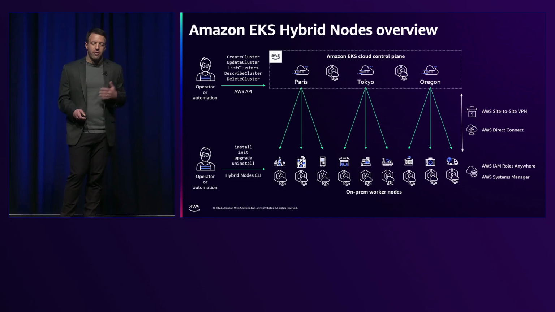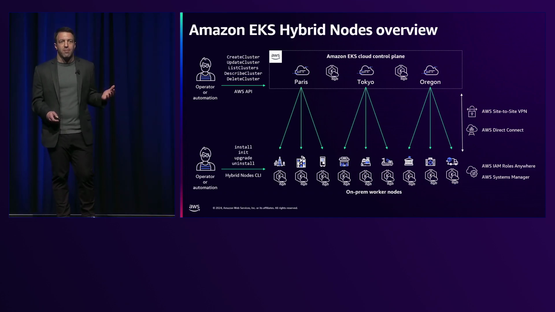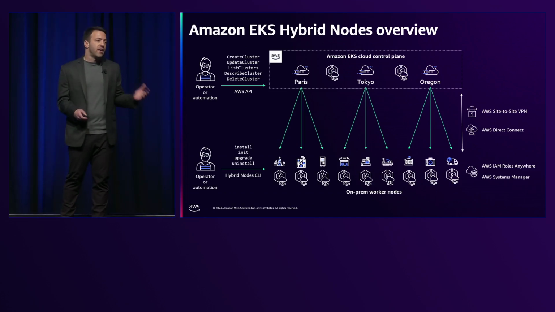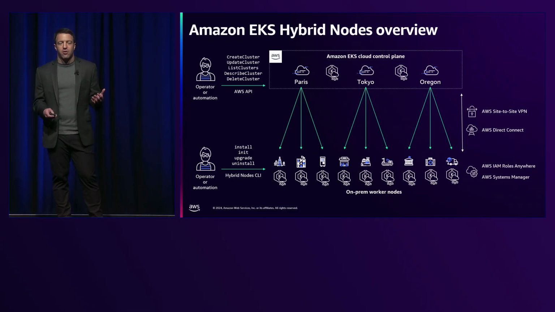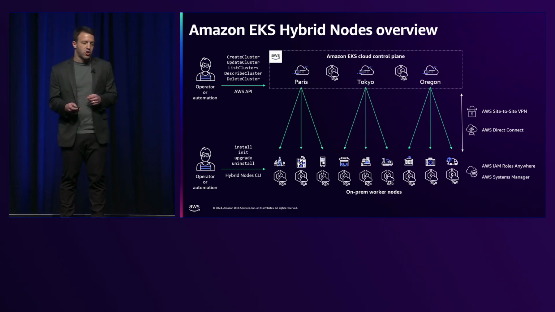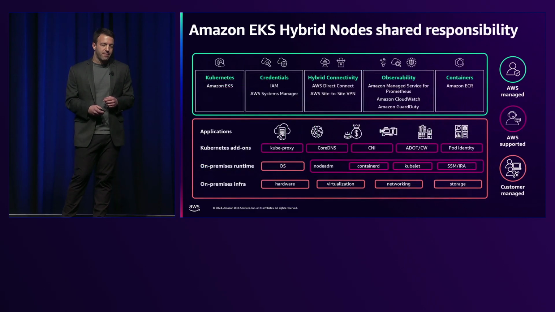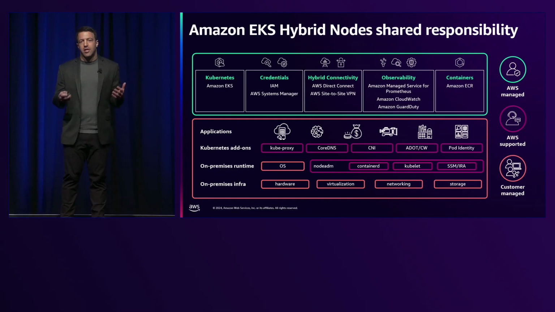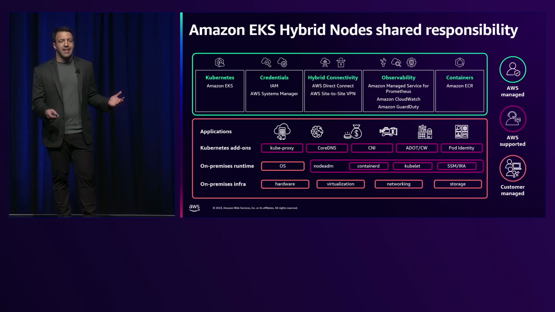Direct Connect is often preferred when consistent high-performance latency is required, although AWS Site-to-Site VPN doesn't require the installation of physical networking hardware and can be a cost-effective choice for deployments that don't require as much network consistency. So how are responsibilities shared between AWS and EKS Hybrid Nodes customers?